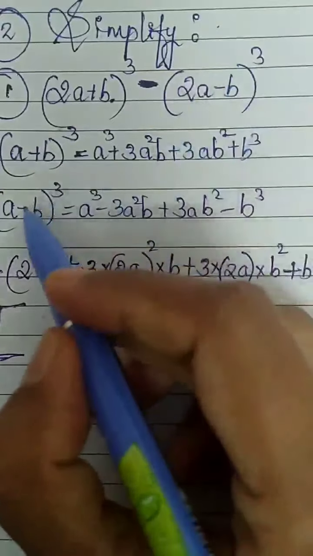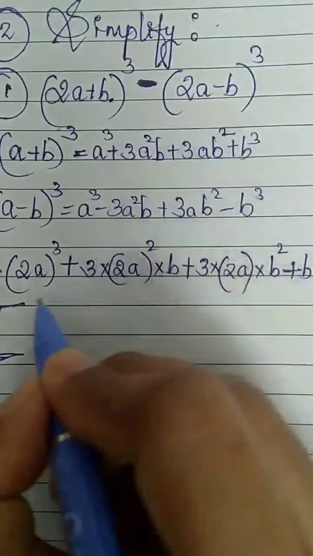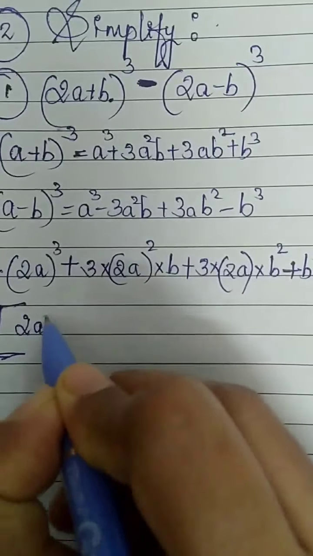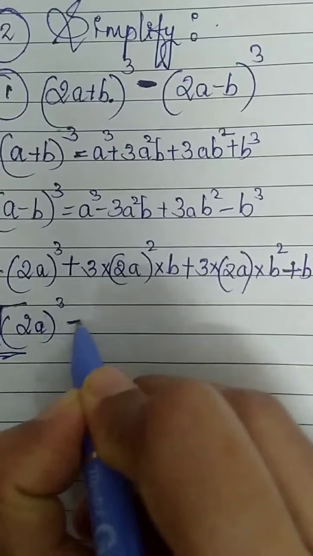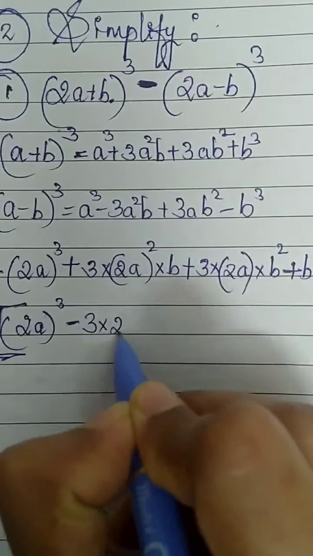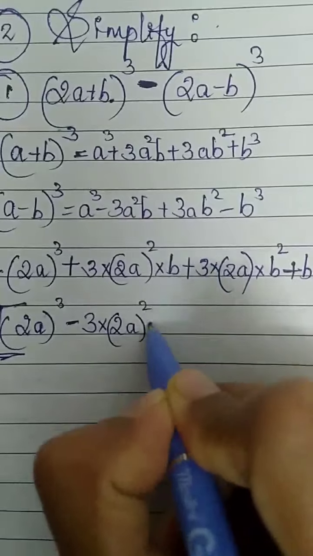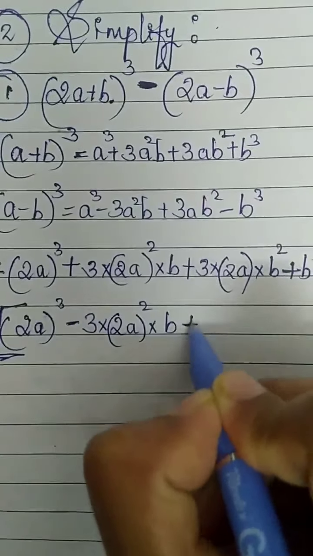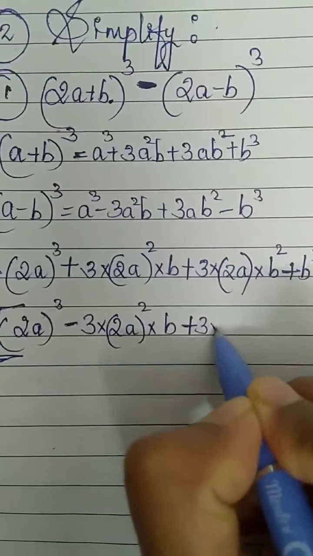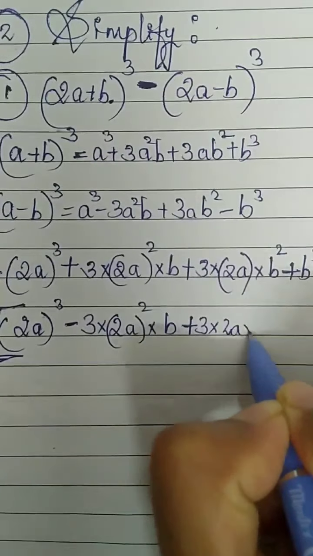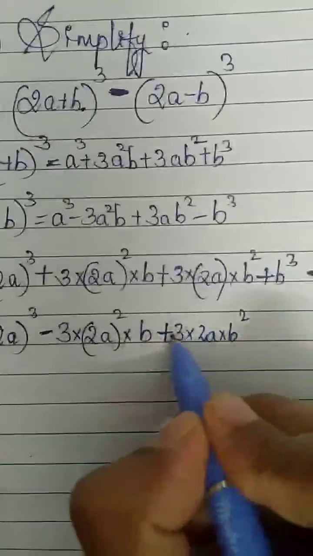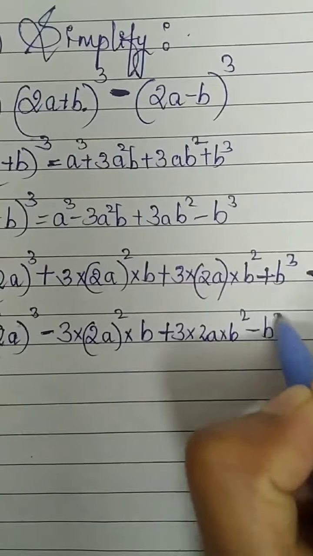Here you will use the (a minus b) the whole cube formula. Let us use (2a) the whole cube minus 3 into (2a) square into b, after minus plus 3 into 2a into b square, after plus minus b cube.